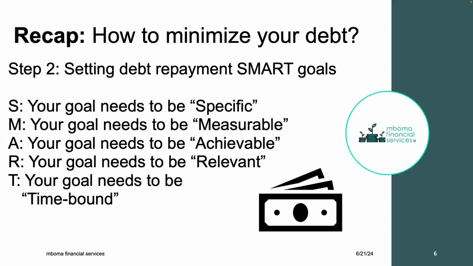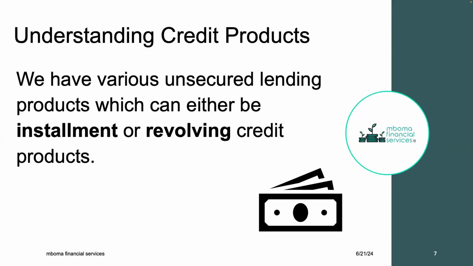All right. So to start off with our lesson today, understanding credit products, we're going to be focusing on unsecured lending products, because we covered secured lending products in our second lesson, and the first lesson briefly also. With secured lending, we know it's either a home loan or vehicle finance, so there's always an asset that is attached to that particular loan.